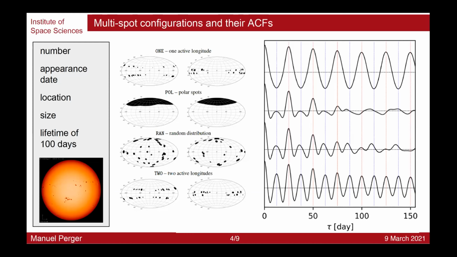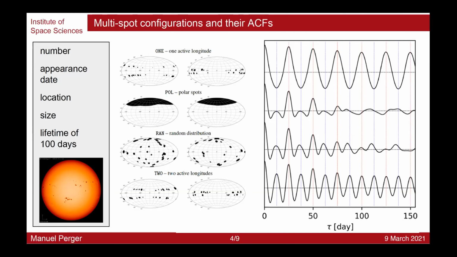We have this spot distribution around one active longitude at the top and around two active longitudes at the bottom. On the right side, we see the radial velocity data we made with those spot maps, and we can see that if the longitudes are always the same, we don't have a change in phase, and the periodicity of 25 days is quite constant over time.